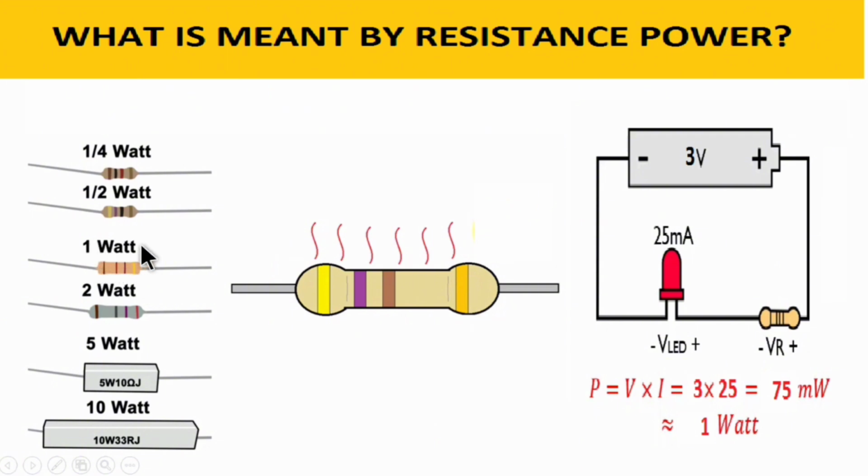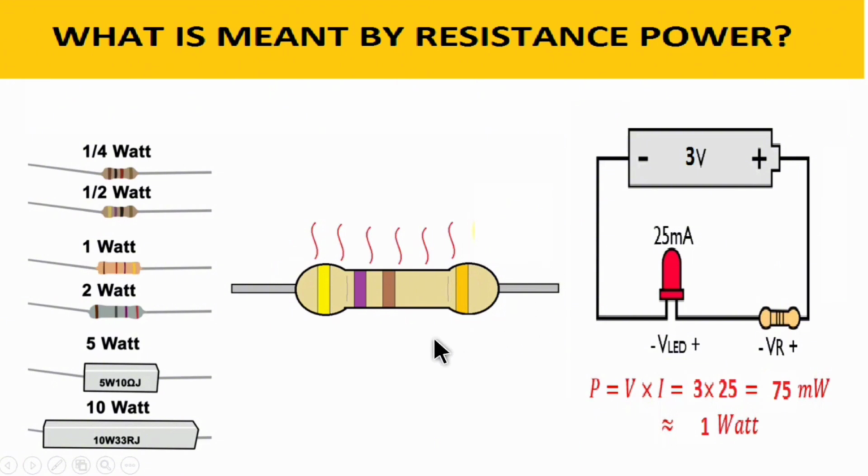What is meant by resistance power is that there are so many different power ranges for resistors available in the market. Power is transferred to the environment in the form of energy loss, which is heat. It gives heat to the environment.